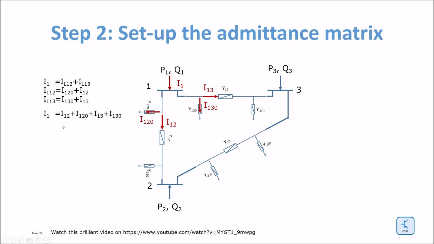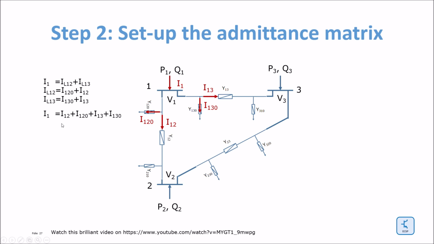Therefore, the current I1 is now equal to the current I120 plus I12 plus I13 plus I130. This is when the bus voltages come into play. So I put now V1 on bus number 1, V2 on bus number 2, and V3 on bus number 3.